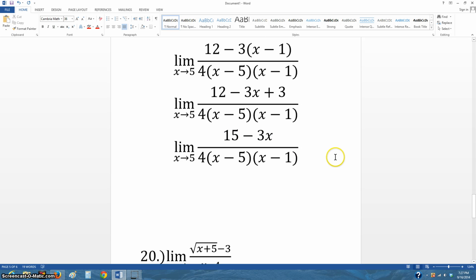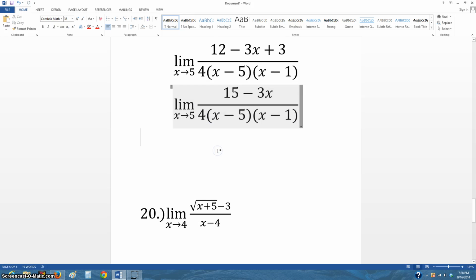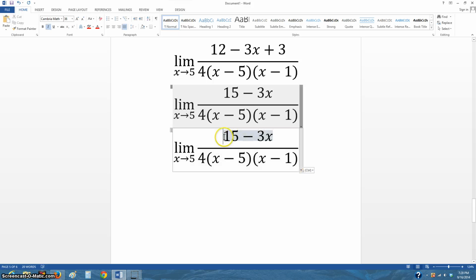Okay, apparently that still doesn't cancel anything out, but what you can do is do something to the numerator, and that's factor a 3 out. So if you factor a 3 out, you will get the following. 5 right here. Minus x.